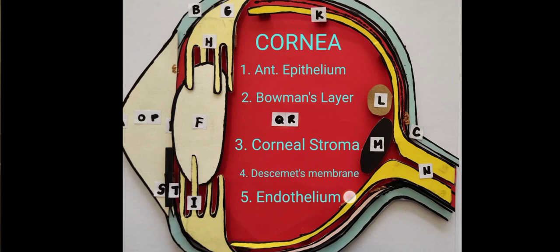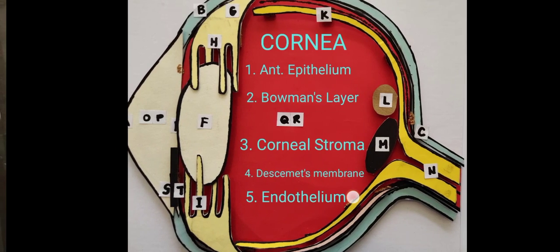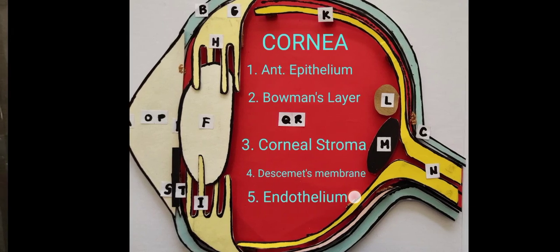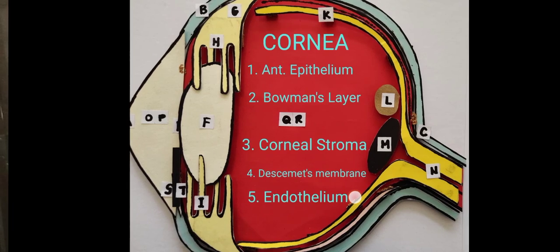When you say avascular, that means the cornea is devoid of blood vessels. There are no blood vessels or nerves or any obstruction that you can find in the cornea.